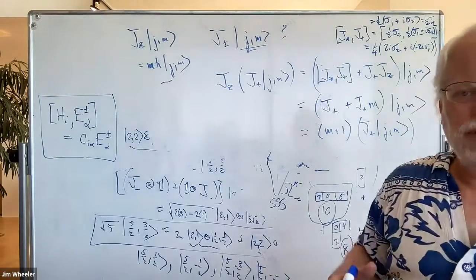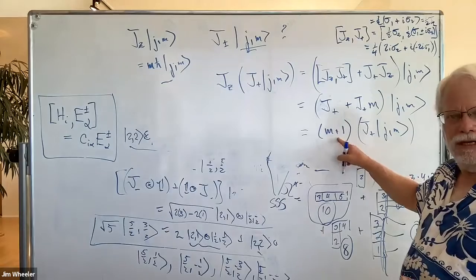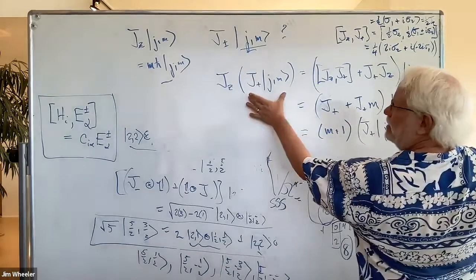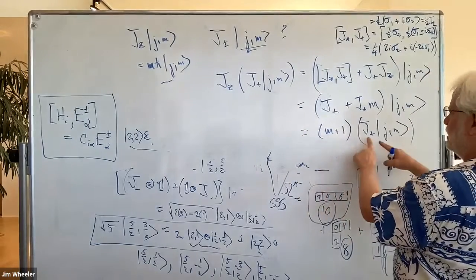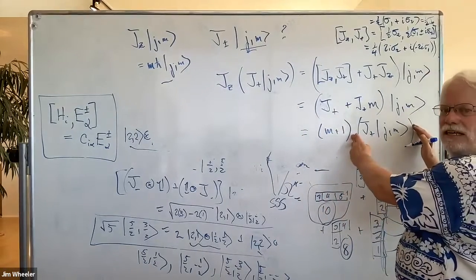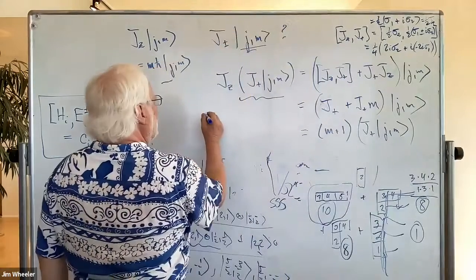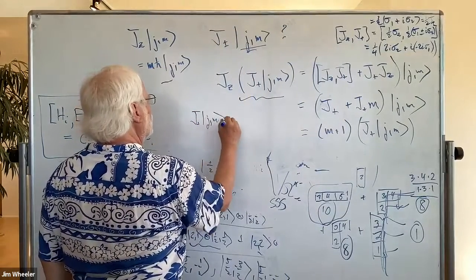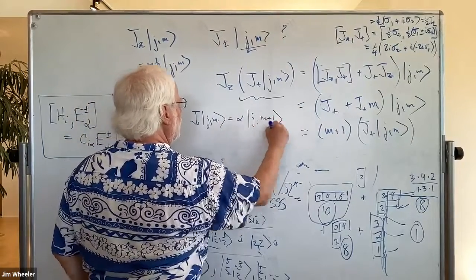So the same thing happens with J minus, except you will get a minus sign here. So it lowers M, and this raises M. JZ acting on this state is M plus 1 times that state again. That means that's an eigenstate of JZ, so it has to be proportional to j, m plus 1.